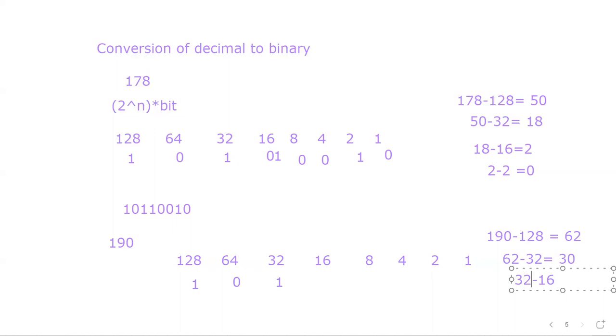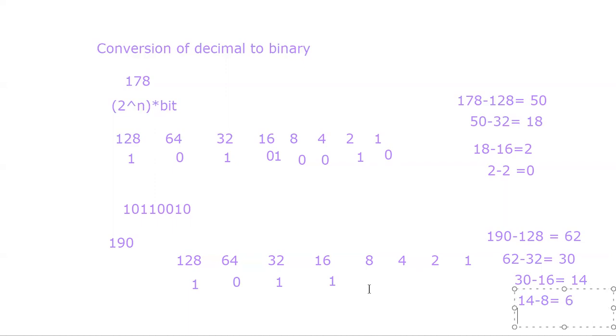By mistake I had written it wrong; it is 14. So I put 1 on 16. Then 14 comes between 16 and 8. Subtract 8 from 14, which is equal to 6.